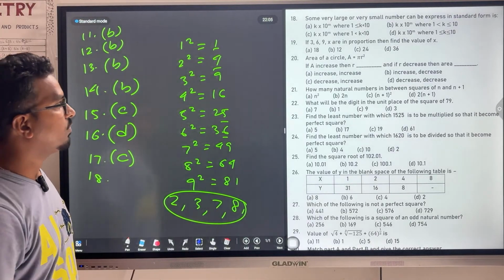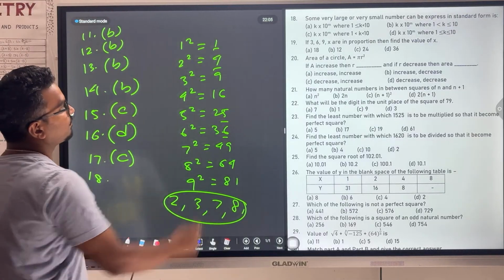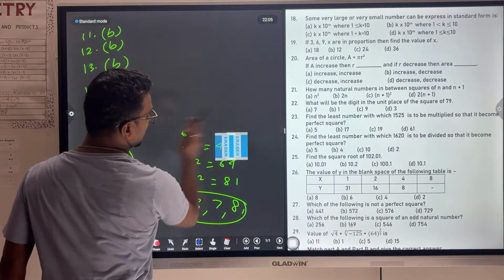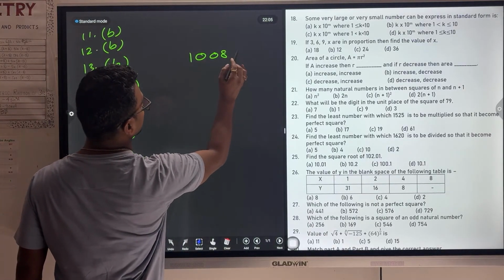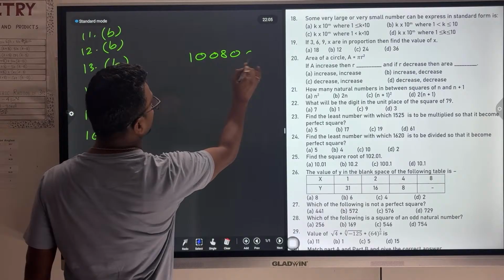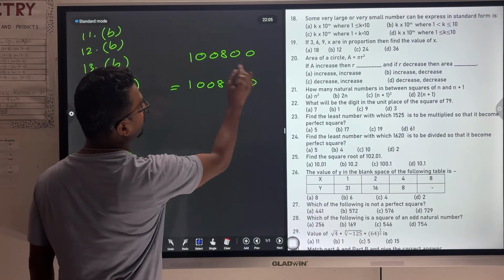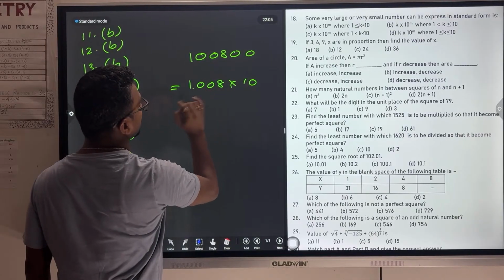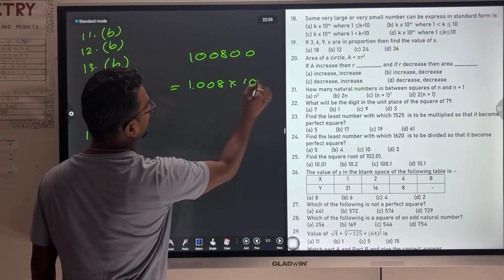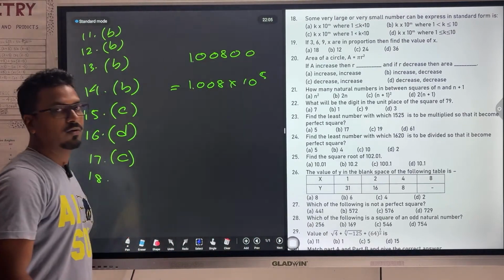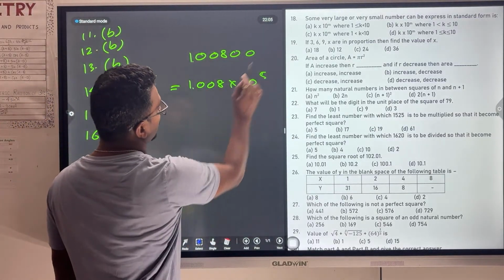Suppose the number is 1008 followed by zeros. We write it as k into 10 to the power m. Put the decimal so that the number is k, and count the digits after it: 1, 2, 3, 4, 5. So 5 is the standard number.